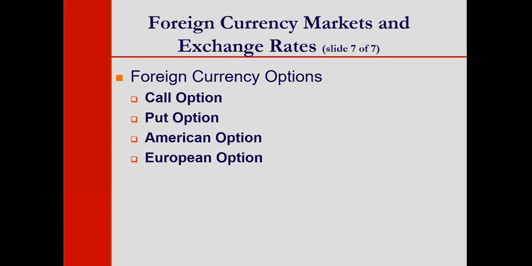For foreign currency, other than forwards and futures, there are options contracts as well. The options contract gives you the right but not the obligation to buy or sell the currency. You pay a premium called the option premium, and by paying it, you get a right to buy the currency, not an obligation.